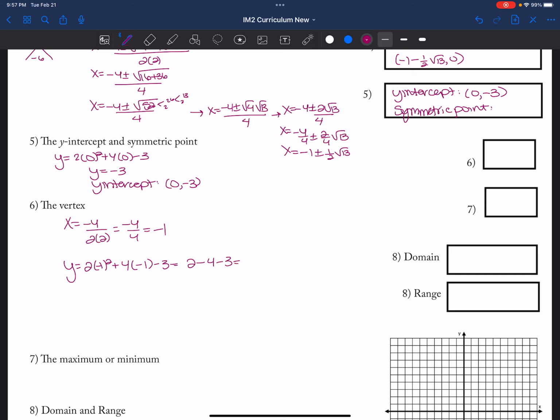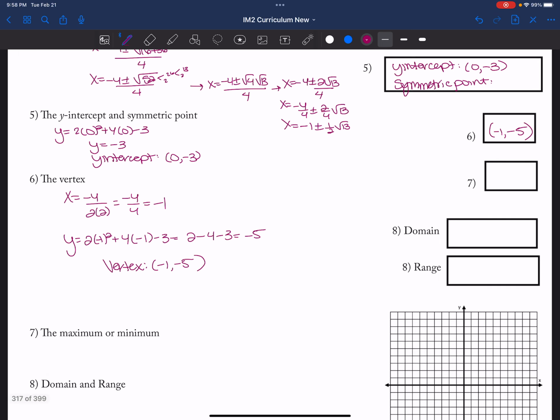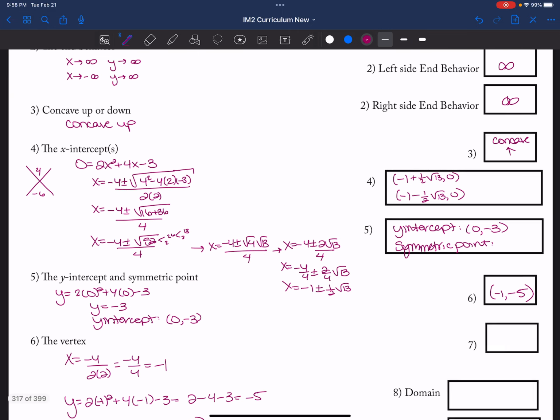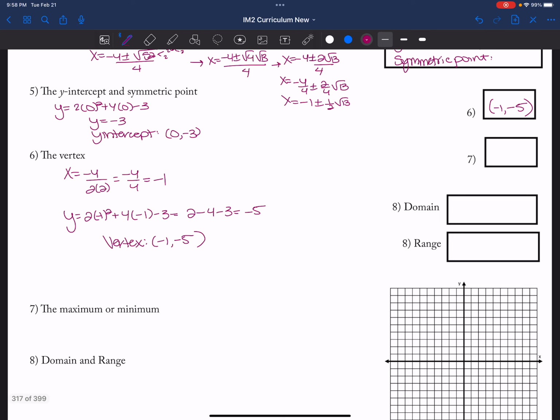So then negative 5. So my vertex is negative 1, negative 5. And then it is opening upward. So this is, just kidding, I already did concave, minimum.